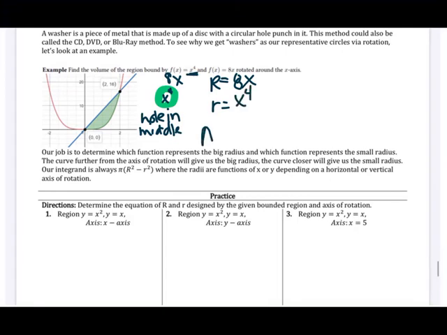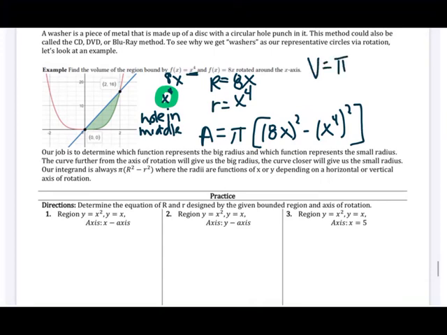So the area now is going to be a little bit more complicated. It's still pi times r squared, but what that means is I'm going to be taking 8x squared minus x to the 4th squared, the big squared minus the little squared. That's going to give us our area. So if we're talking volume, the process is the same, pi times the integral of the area squared.